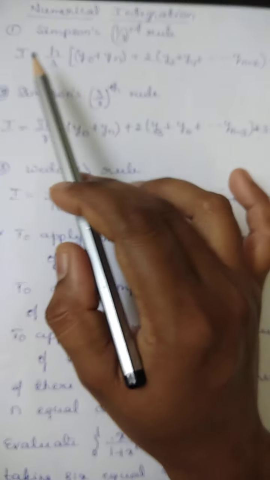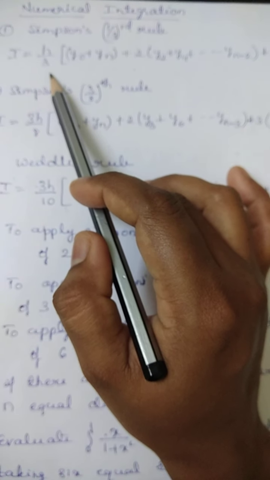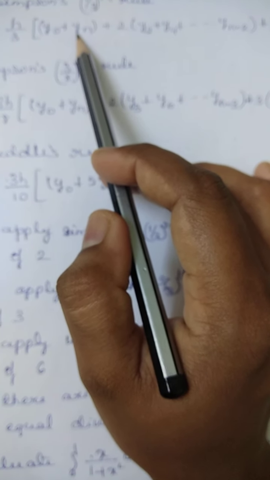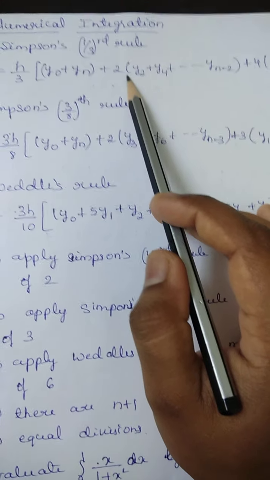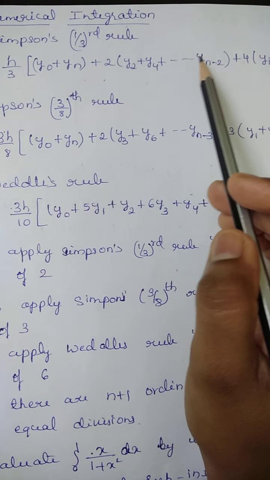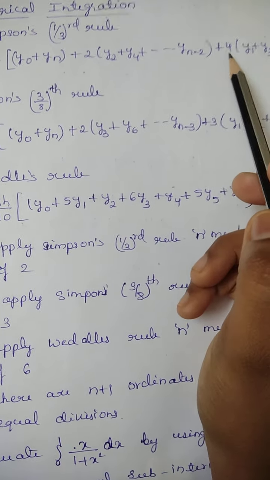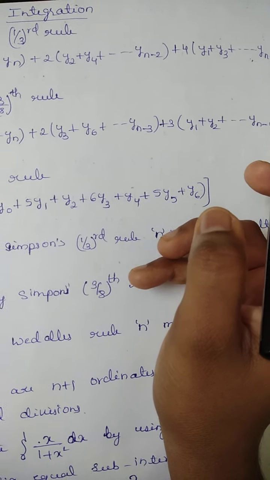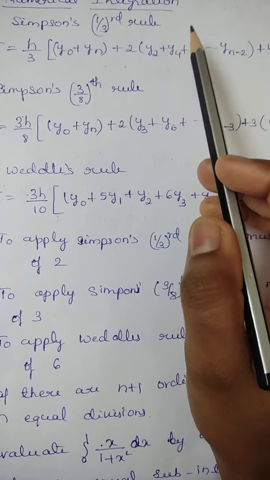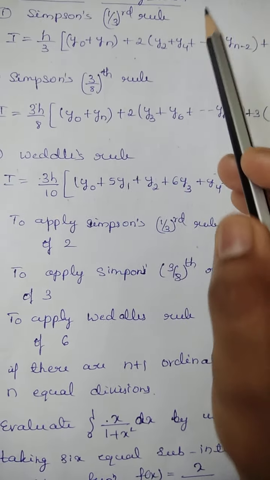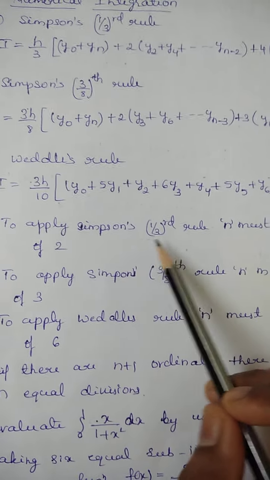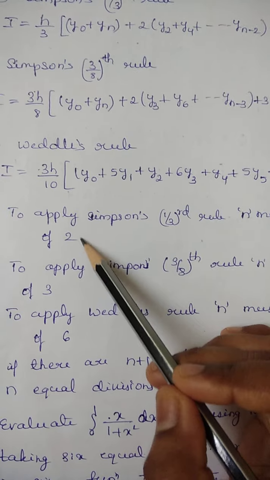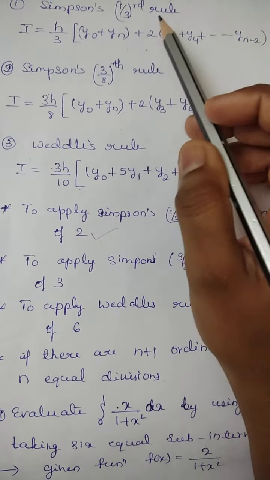The formula says I is equal to h by 3 in the bracket y0 plus yn plus 2 times y2 plus y4 and so on up to yn minus 2, plus 4 times y1 plus y3 and so on up to yn minus 1. This is Simpson's 1/3 rule. To apply Simpson's 1/3 rule, n must be a multiple of 2. Then only we can use this rule.